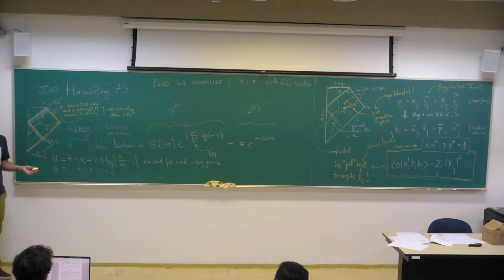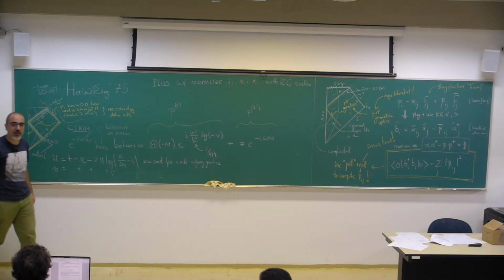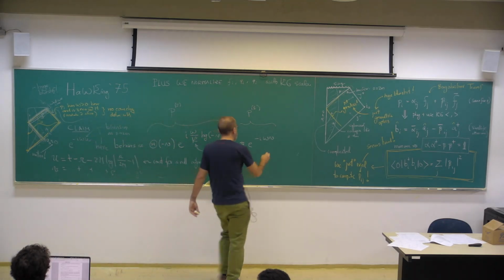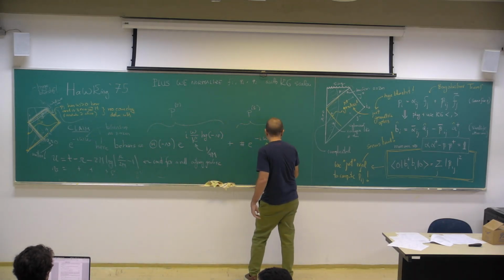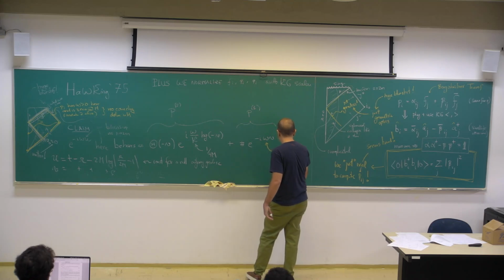And because it's stationary, the frequency doesn't change. And so those modes are kind of boring. It's like saying the field is just a particle that I throw and it just stays outside and goes from minus to plus infinity. And so the fact that it's the same frequency is because outside the metric is stationary.